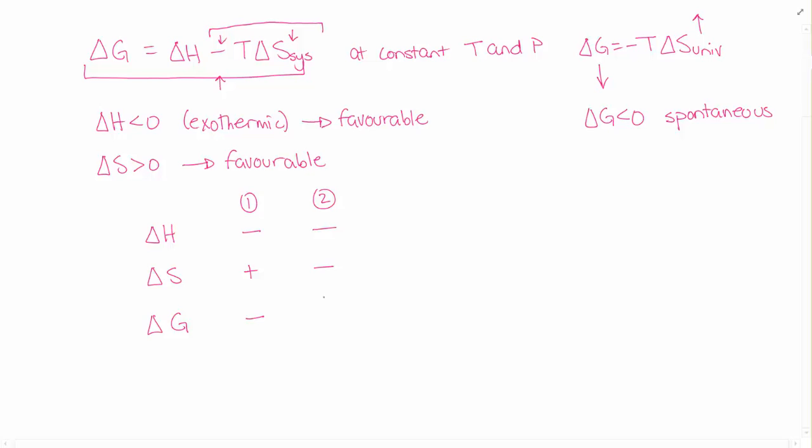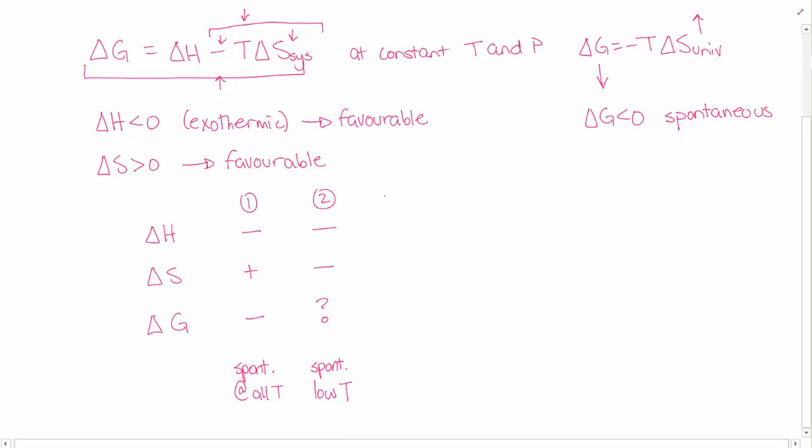So this process will only be spontaneous if this temperature term is small, so that it minimizes the effect of the entropy term. So this will be spontaneous always, the first case, at all temperatures. This one, we don't know what the sign of delta G will be. It will depend on the temperature, and it will be spontaneous only at low temperatures.